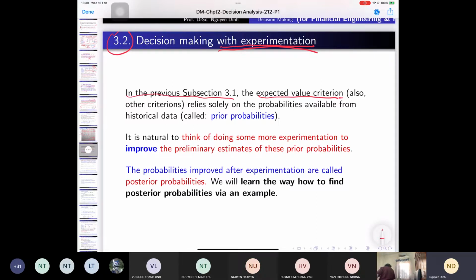I think I made a mistake here with the English. Yeah, exactly my mistake.